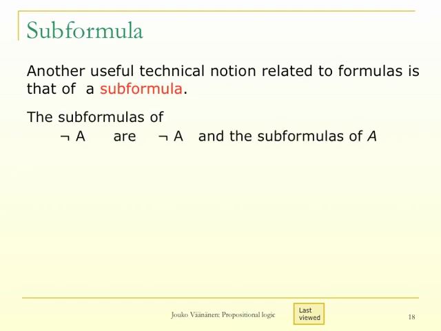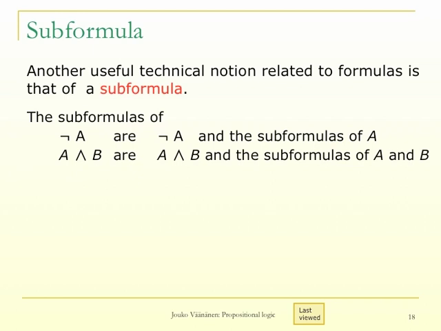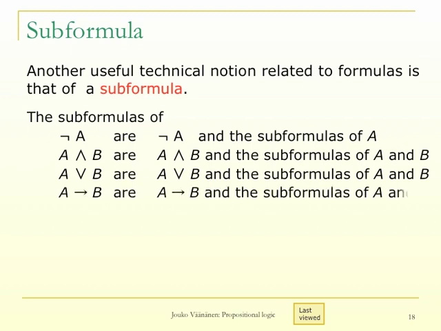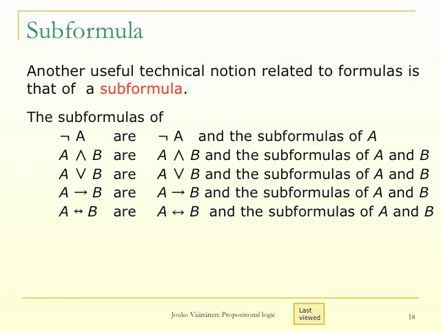The subformulas of not A are not A and the subformulas of A. The subformulas of A conjunction B are A conjunction B and the subformulas of A and B. The subformulas of A disjunction B are A disjunction B itself and the subformulas of A and B. The subformulas of A arrow B are A arrow B itself and the subformulas of A and of B. The subformulas of A double arrow B are A double arrow B and the subformulas of A and B.